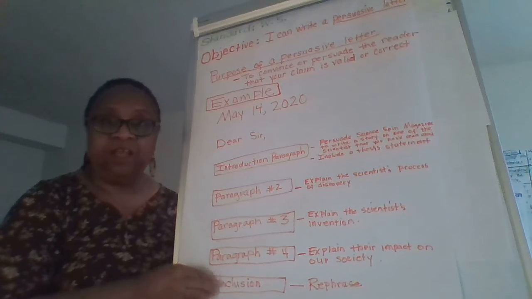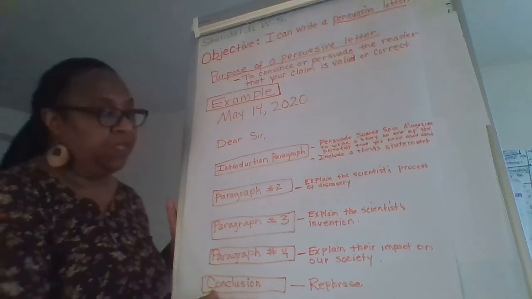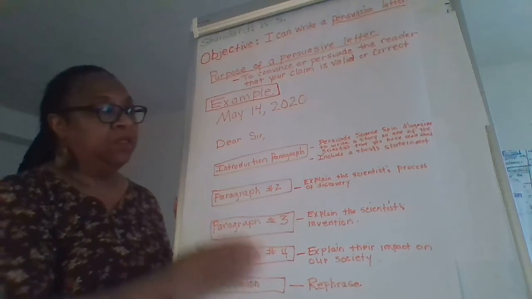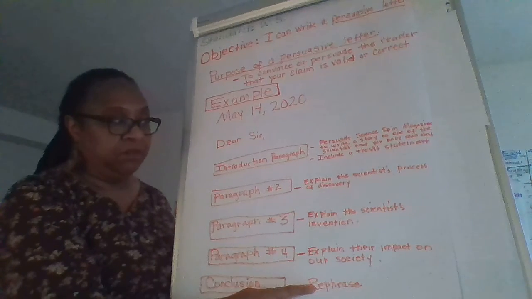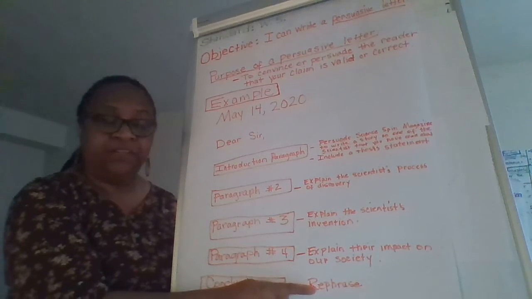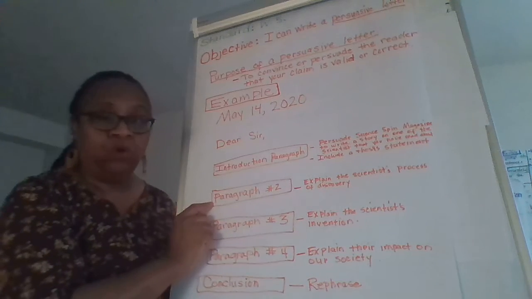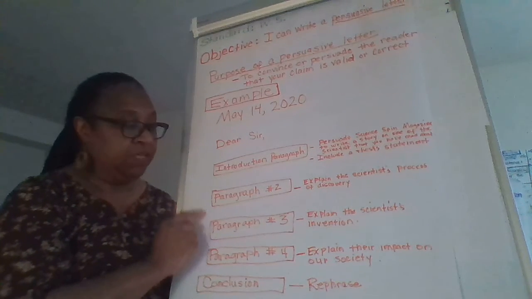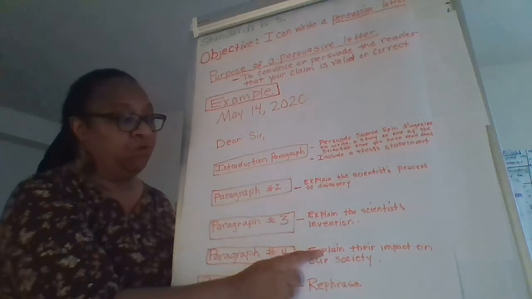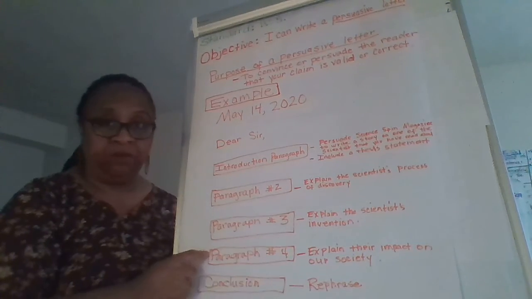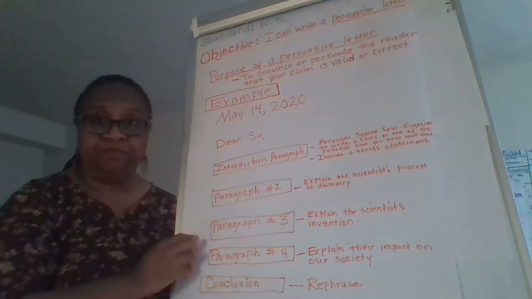Okay? So, as you write, you want to keep these things in mind. Okay, if you want, you can go ahead and jot them down now so you can know what you should have in each paragraph. These are the things that I want to see in your paragraphs as you write this persuasive letter.